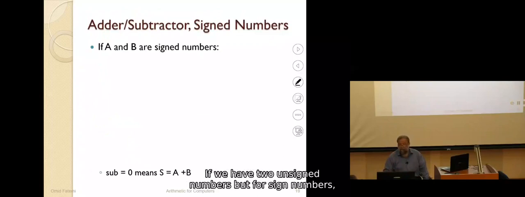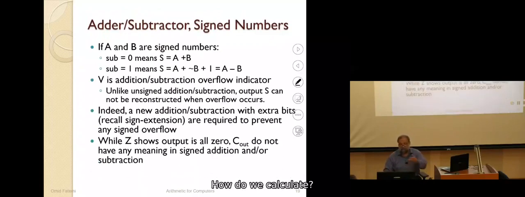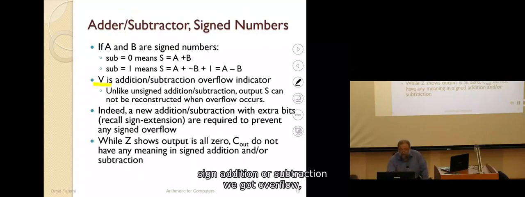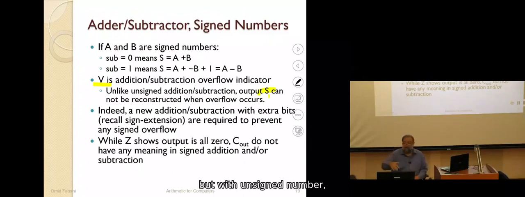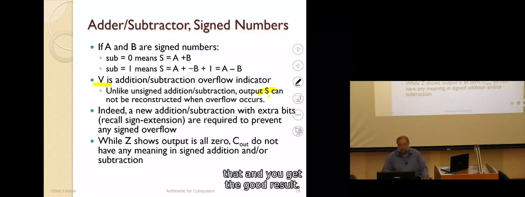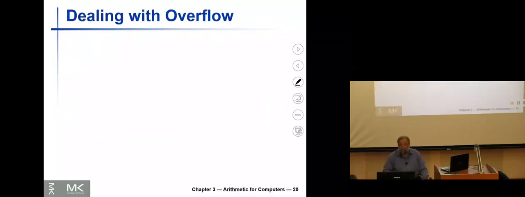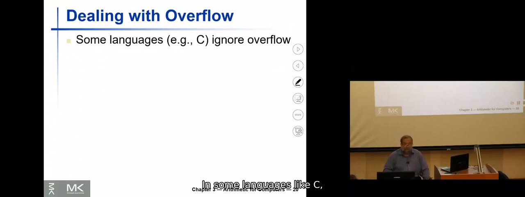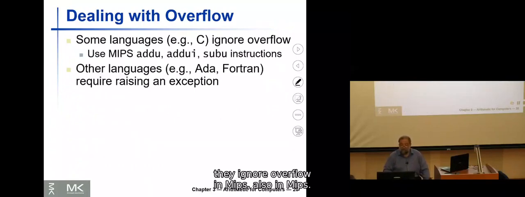But for signed numbers, we talked about it before. Again, I say, if in signed addition or subtraction we got overflow, output S is invalid. Throw it away. But with unsigned numbers, you can just add something to that and you get the good result. In some languages like C, they ignore overflow. In MIPS also, we haven't talked about this before.